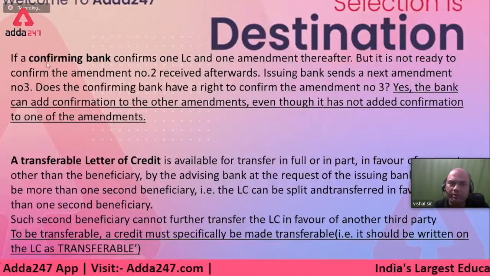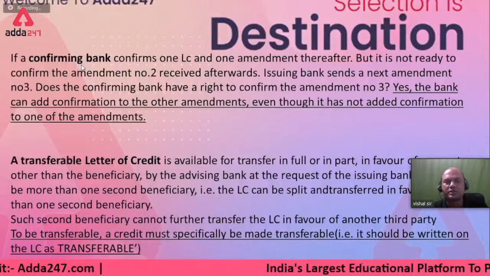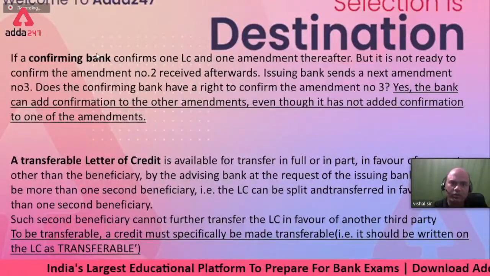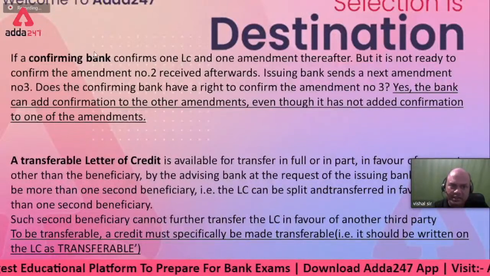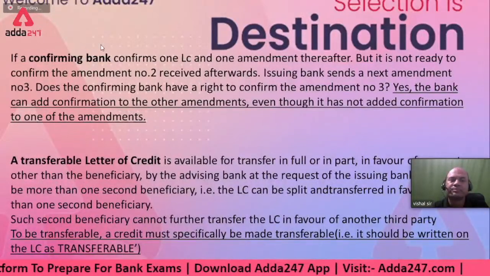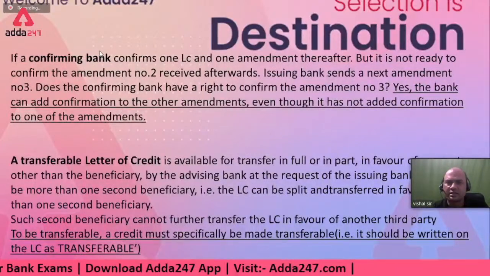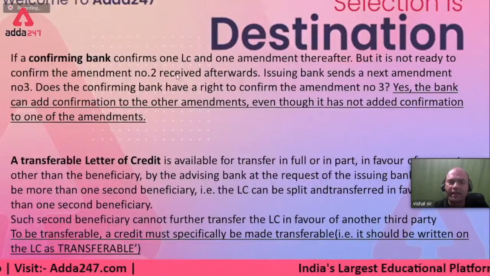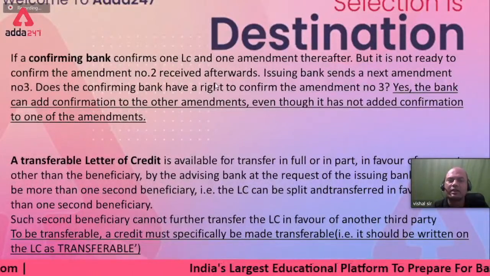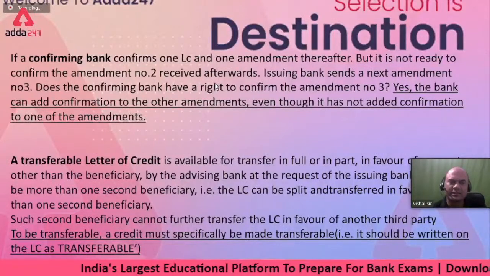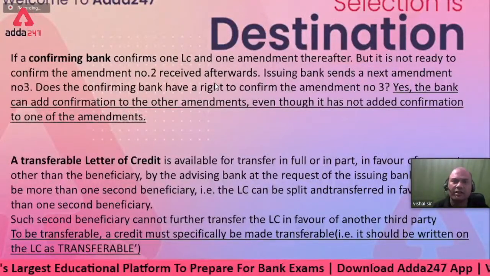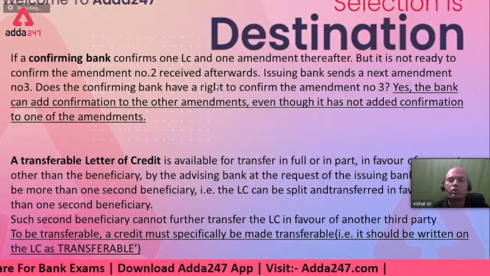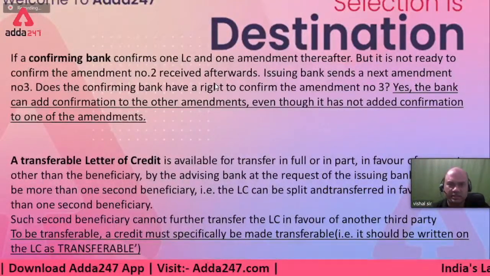Now, in confirmed credit, there is also one question which you receive in the CAIIB exam that's called silent confirmation. Now, what is that silent confirmation? See here, if the LC is to be confirmed by some bank, that bank's name is generally given in the LC itself. The issuing bank, while issuing the LC, gives the name of that bank, that this bank is nominated to confirm and negotiate the LC.